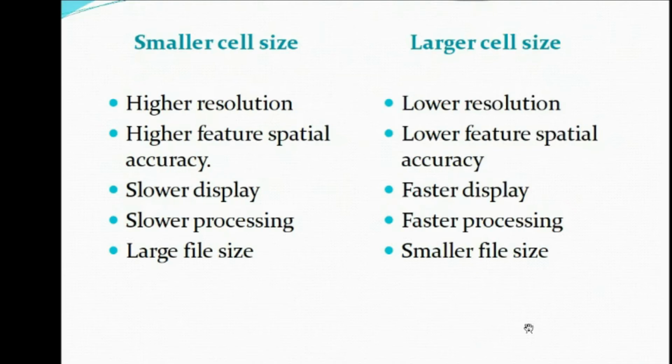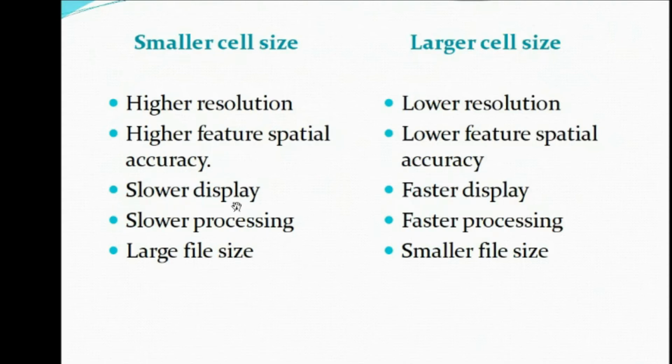But on the other side, if the cell size is very big, the number of cells is less and each cell has a very big size, it means the resolution of that image will be less, and the data present in that image will also be less. That is what I am trying to bring to your understanding. A smaller cell size means high resolution, and a larger cell size means low resolution.